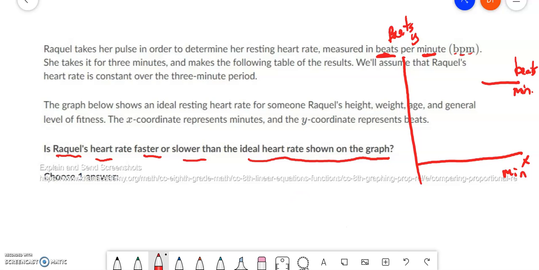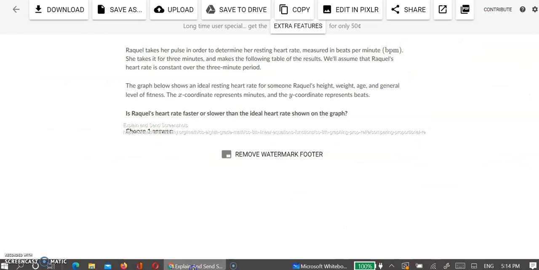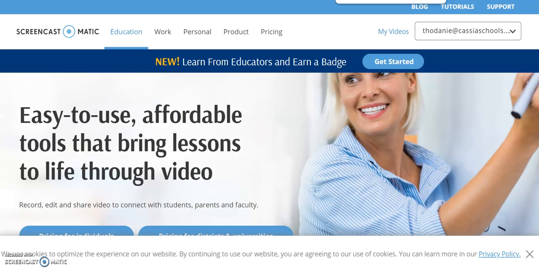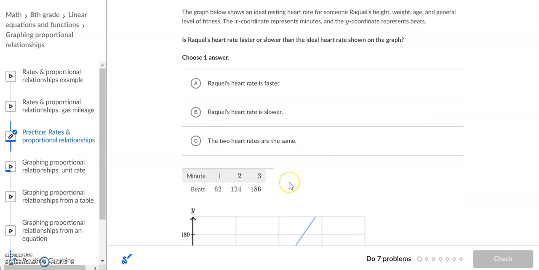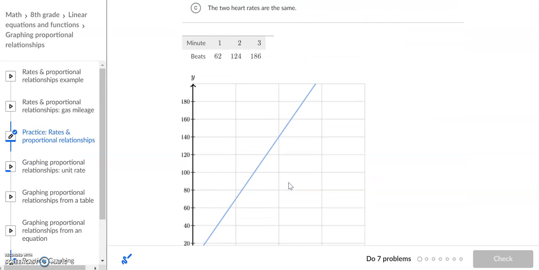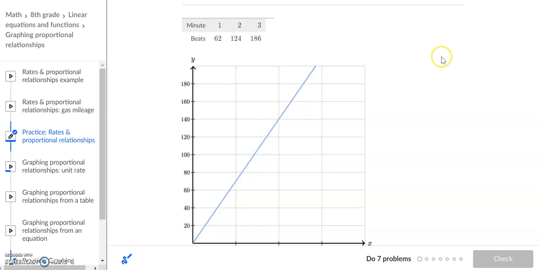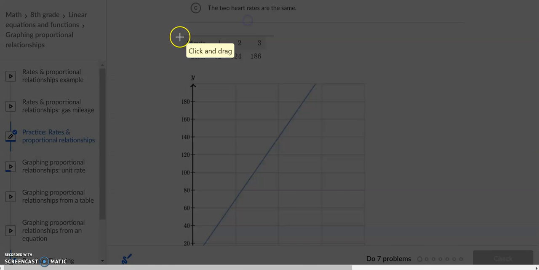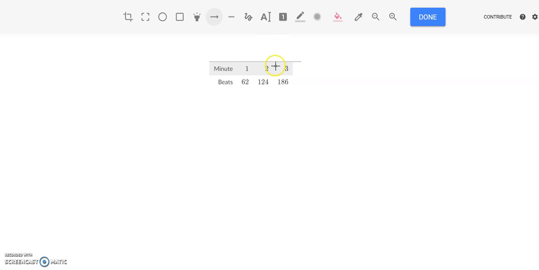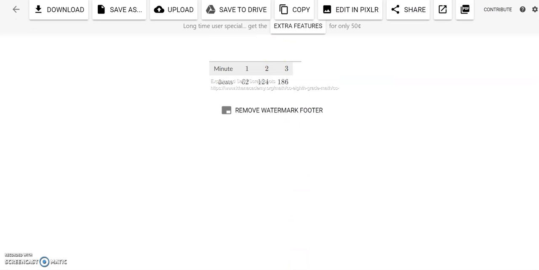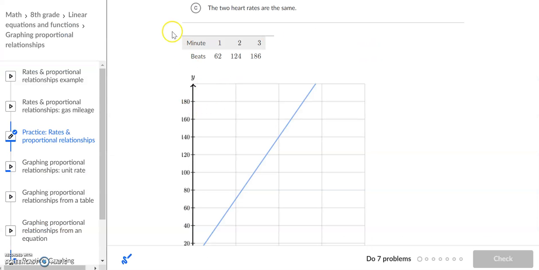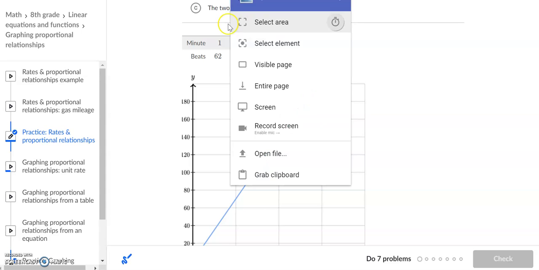All right, let's go back over here, see if we can grab this real quick from our problem. Sorry about that. Here we go. So we have a table and a graph. Hopefully I can get all of this here. So we're going to grab the table. Copy that. It's going to be ugly. Let's not do that. Let's try that again. We got this right there.